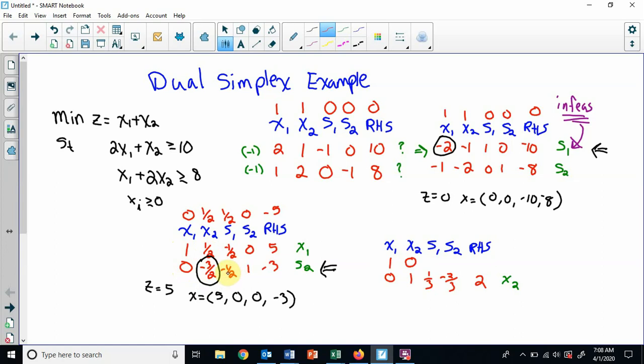A third, let's see, that would make that 1/6. We add it up to 1/2, and we would get 2/3. A third, add up to zeros, a third. A third, let's see, would make that 1, and add it to 5, negative 1, add it to 5 would be 4. Alright, awesome. So that's our x1 row.